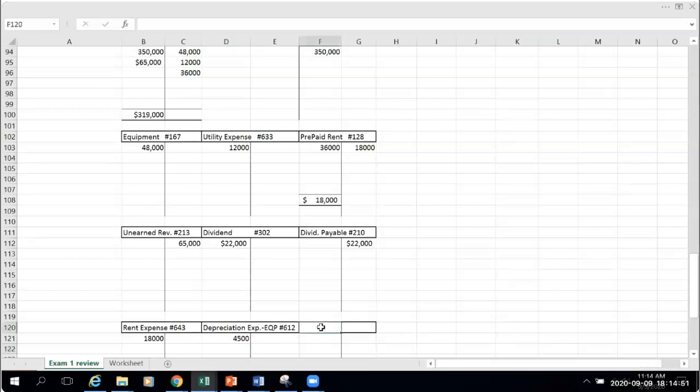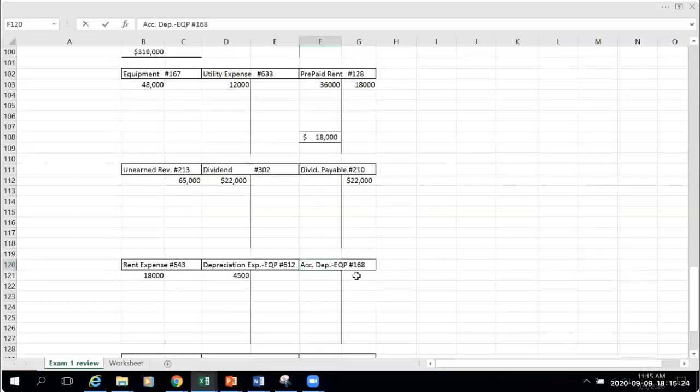Okay, and this one is accumulated depreciation dash equipment, right? Dash equipment with an account number, what was that? 168, I believe. 168.